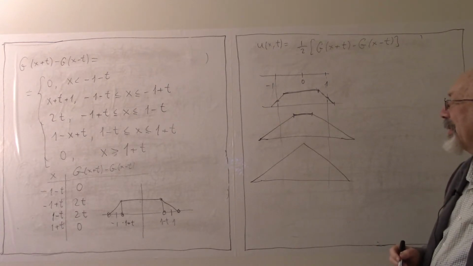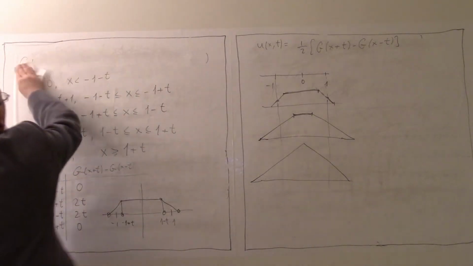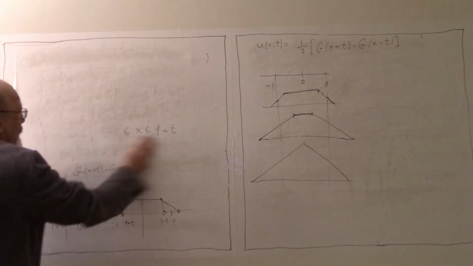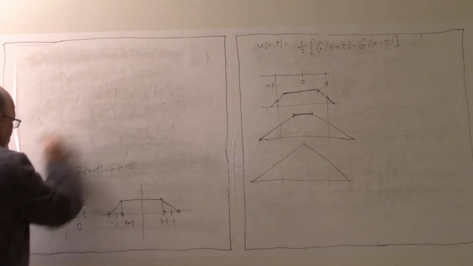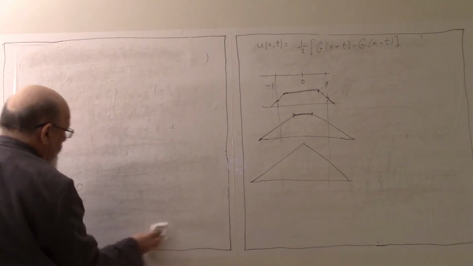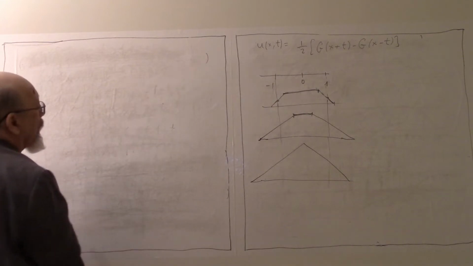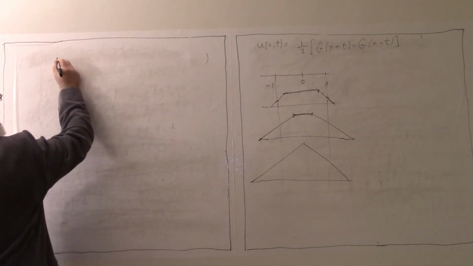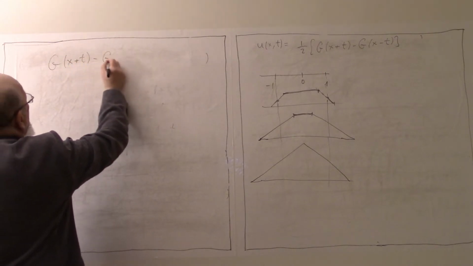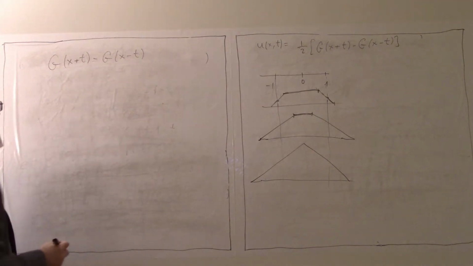So what happens next? Next we have the following picture. It is even simpler. So g of x plus t minus g of x minus t, when t is more than 1.